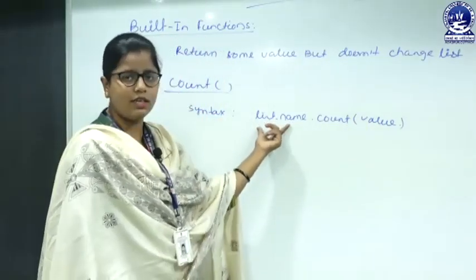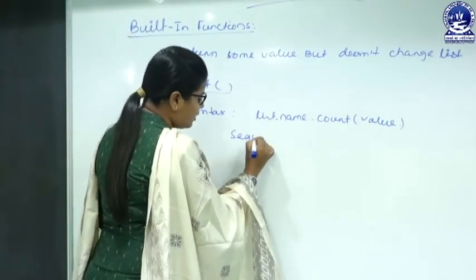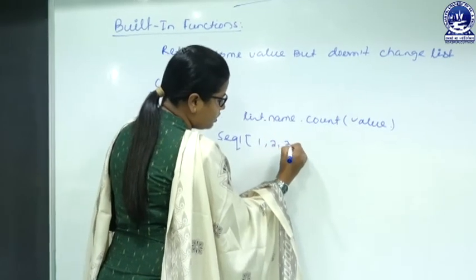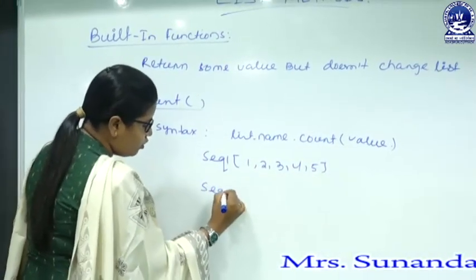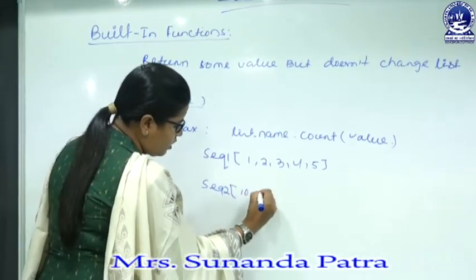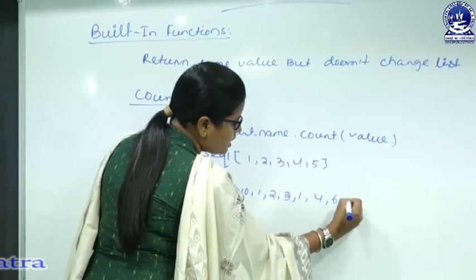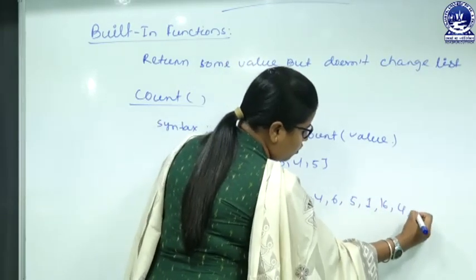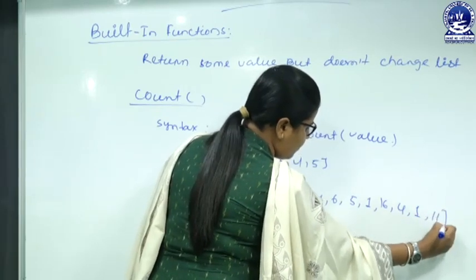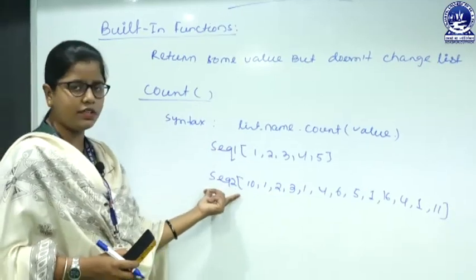Suppose, take an example, sequence 1 as 1, 2, 3, 4, 5 and sequence 2 as 10, 1, 2, 3, 1, 4, 6, 5, 1, 16, 4, 1, 11. So these are the two lists, sequence 1 and sequence 2.